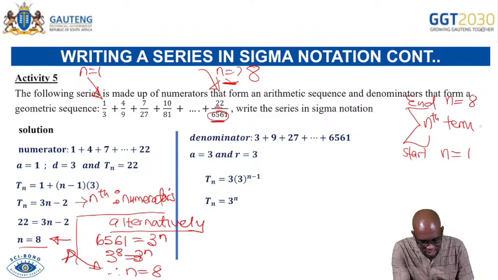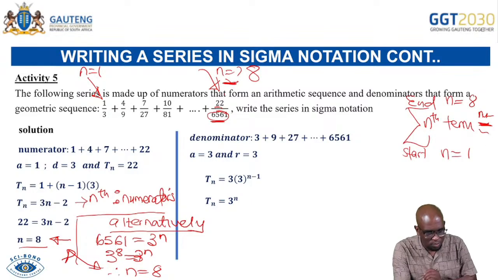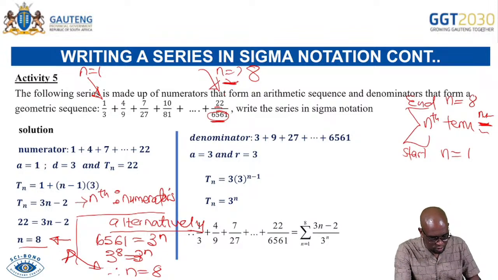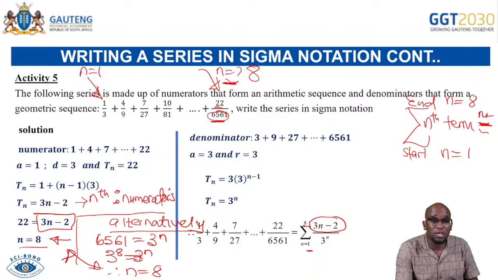We know that the general term contains what? Numerators and denominator terms. So in order to write the nth term like that, we are going to say, okay, we know we started at 1 and then we ended at 8, and then the numerators have the general term 3n minus 2. This is 3n minus 2, the general term for the numerators.